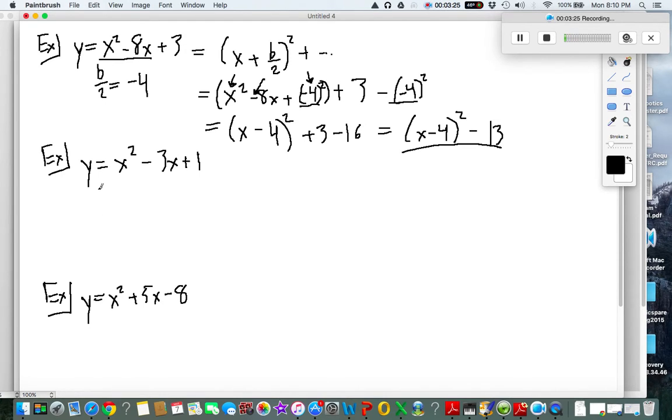In this case, my b over 2 term is going to be a fraction. I wanted to show you a couple of fractions. So as I get this set up, I've got x squared minus 3x.